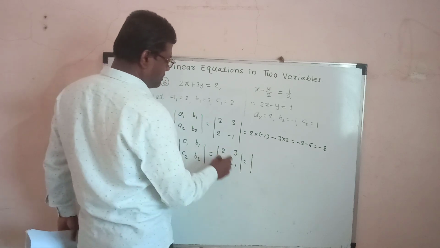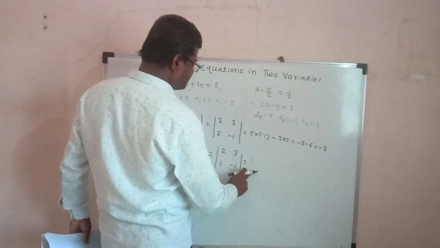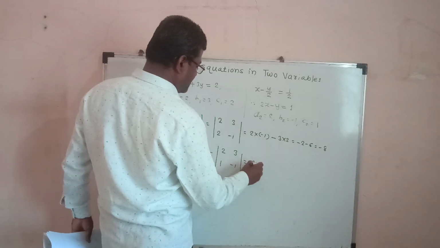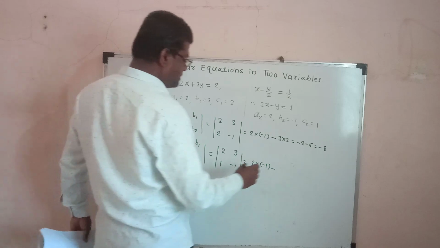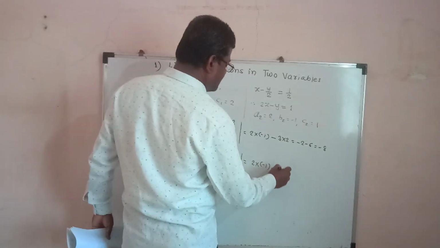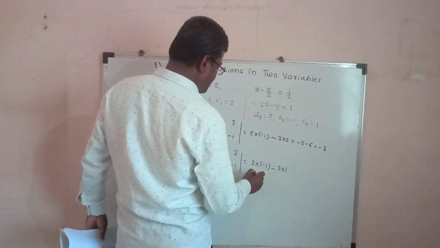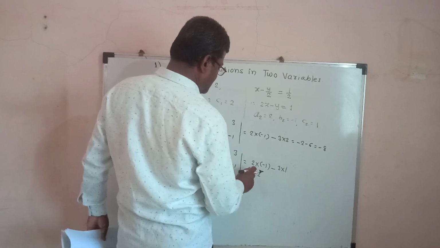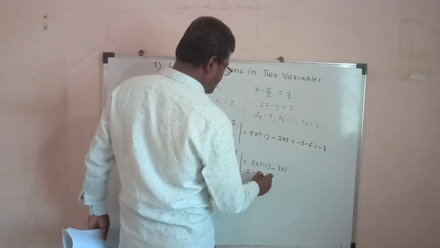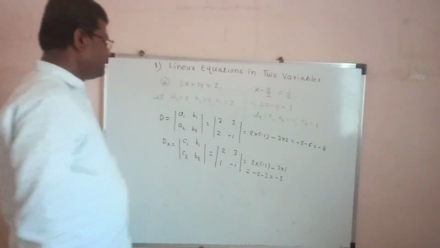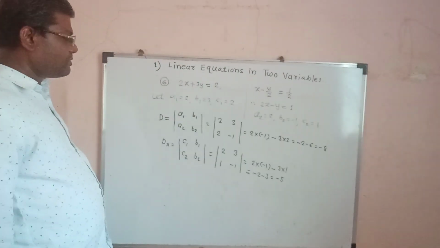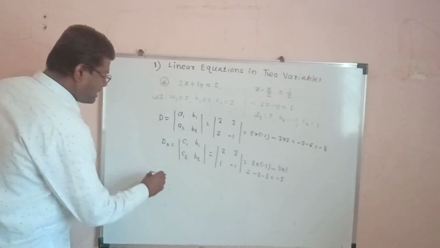So we get 2 into minus 1 minus 3 into 1. 2 into minus 1 is minus 2, 3 into 1 is 3, so minus 2 minus 3 is equal to minus 5. So the value of dx is equal to minus 5.